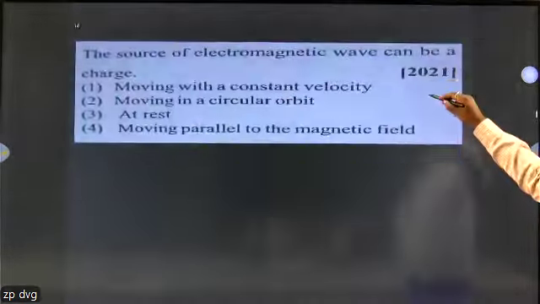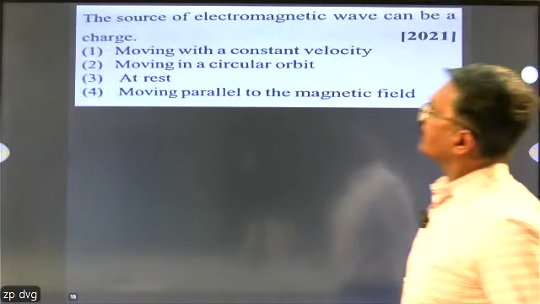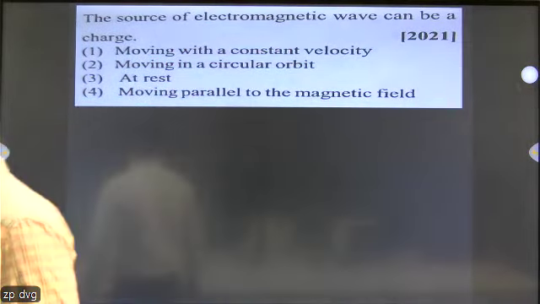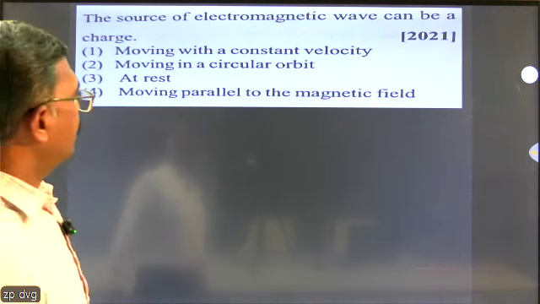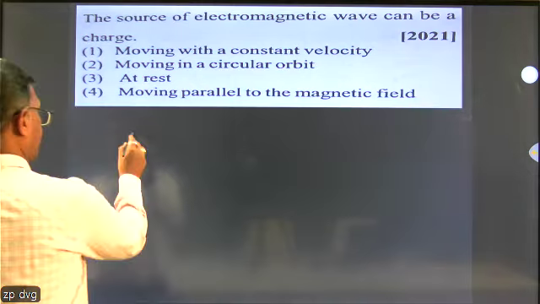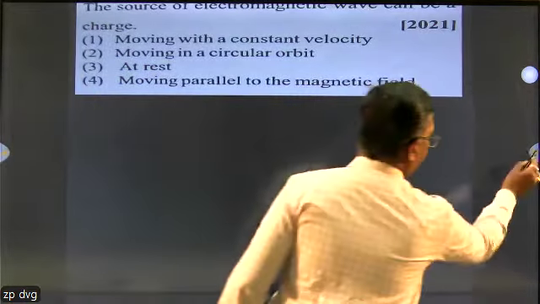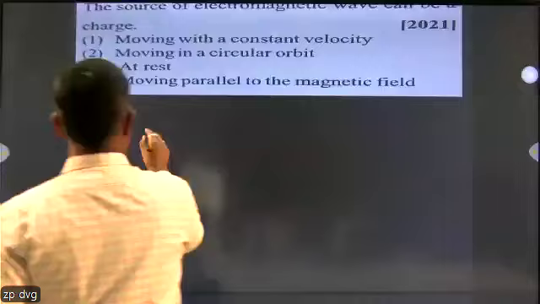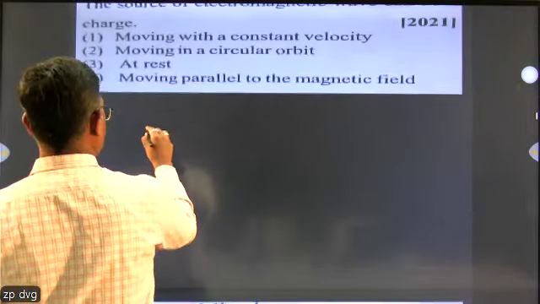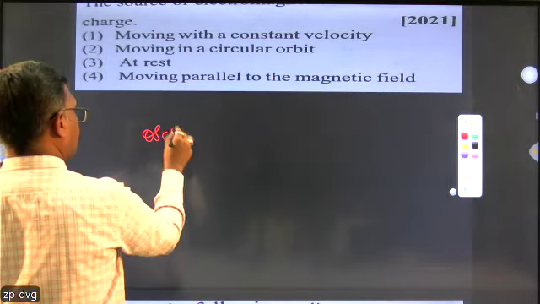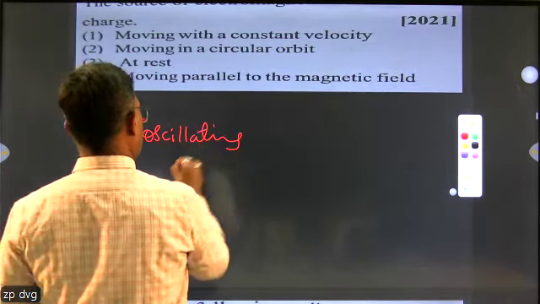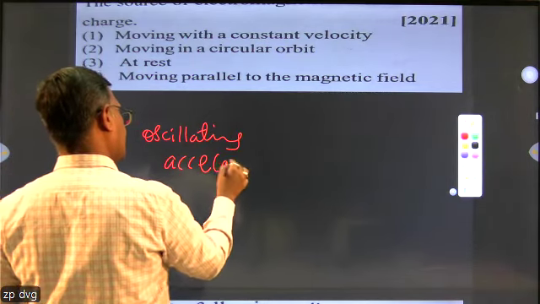The next thing is the source of the electromagnetic wave. Which of the following can be the source of the electromagnetic wave? You know that electromagnetic waves can be produced by oscillating charges or accelerated charges.